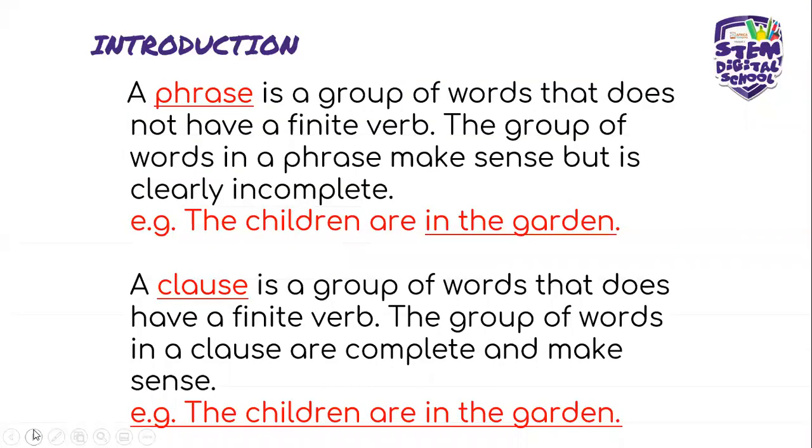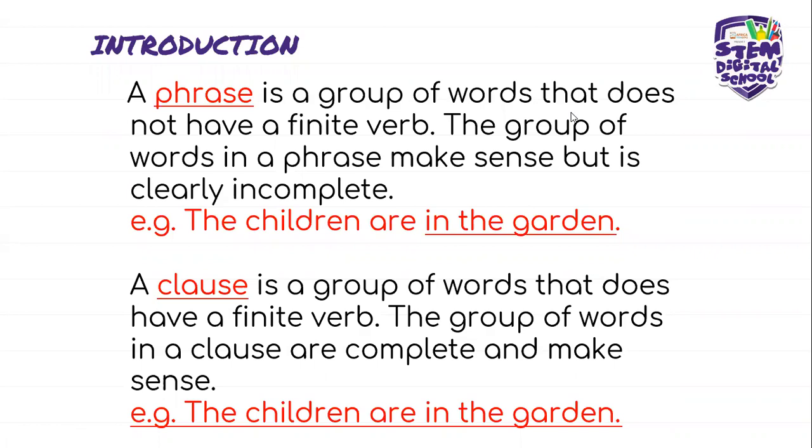Also, this is what we did yesterday. We just have to pass through so that we make sure that we are still on the right track. Okay, so a phrase is a group of words that does not have a finite verb. If this group of words in a phrase, they make sense, but they're clearly incomplete.